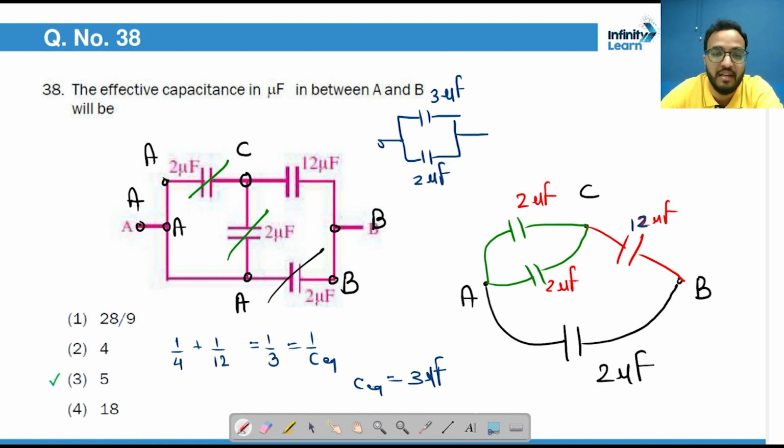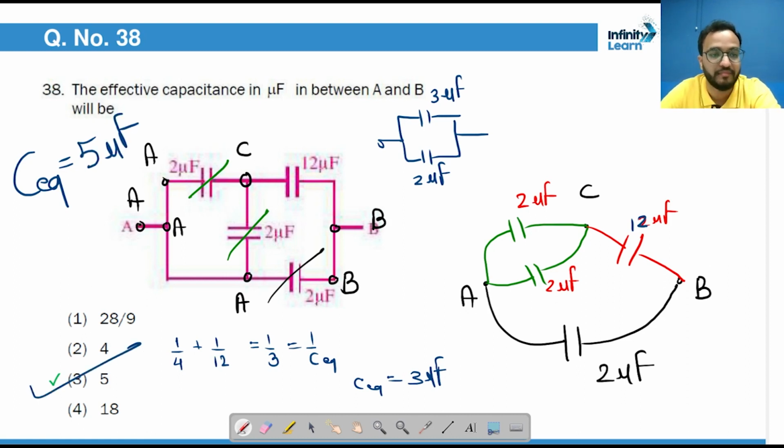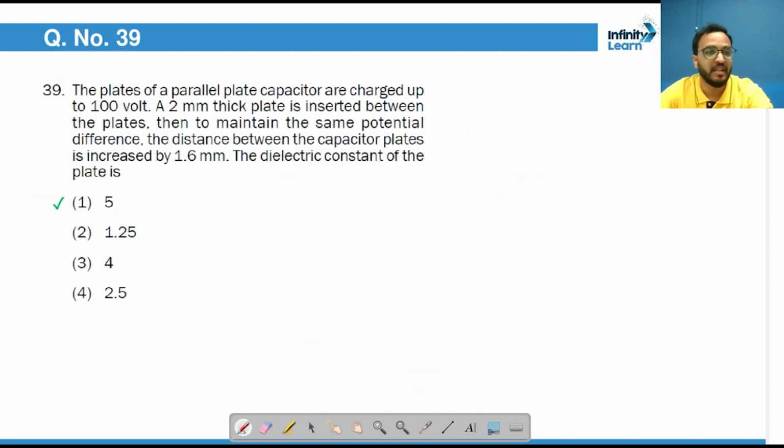Now they are in parallel again. So finally what is C equivalent? 5 microfarad. Got it? This is the C equivalent of the upper branch. I'm talking about this upper branch. Clear?